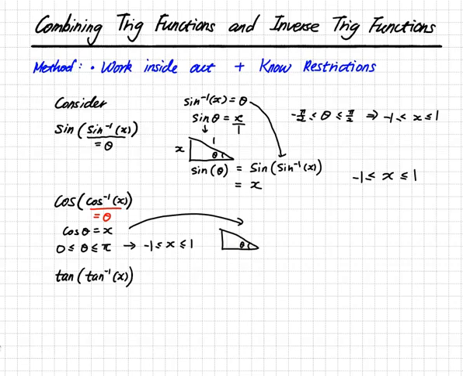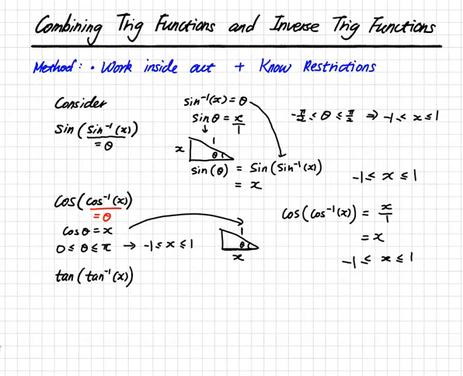Cosine theta is the adjacent over hypotenuse, so x over 1. Cosine theta, which can be replaced by cosine of cosine inverse of x, should be equal to x over 1, which is x. Again, there's a restriction for x, which must be between negative 1 and 1.